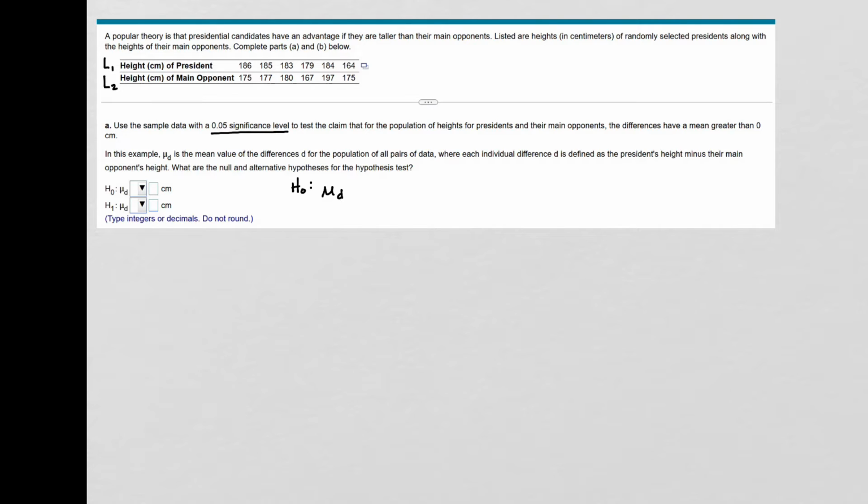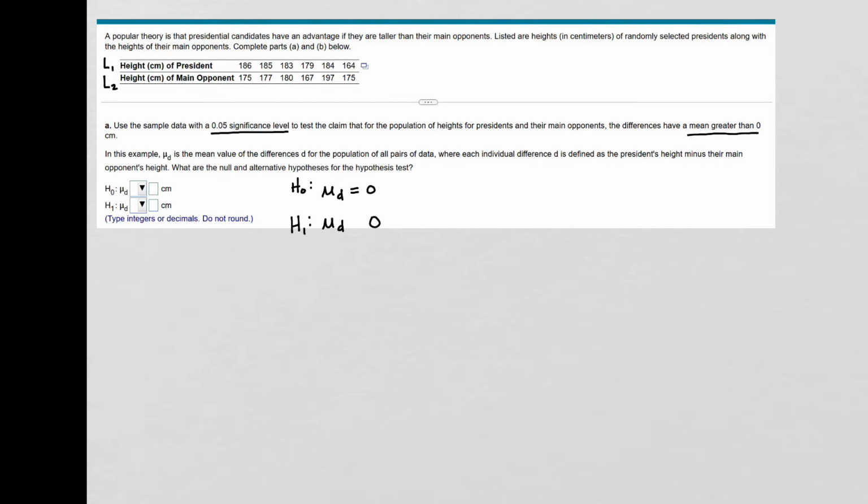The mean of the differences will equal 0. And the alternative hypothesis, the mean of the differences, and we have to see, is this a greater than or a less than situation? We want the mean to be greater than 0.